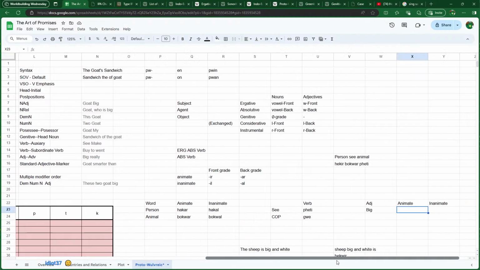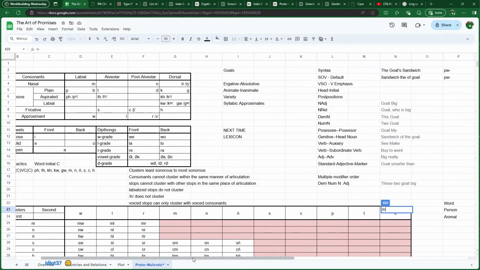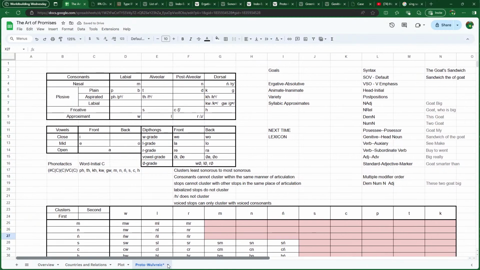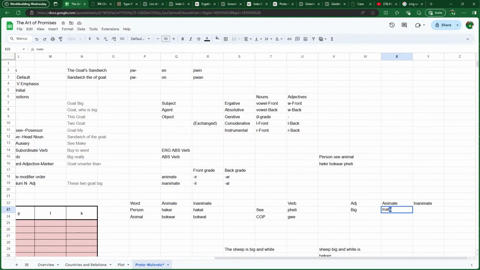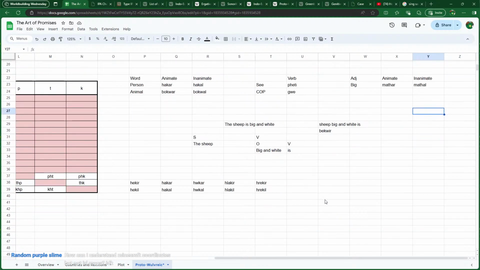So vowel back. Motto. Right? Are we allowed to do that? Yes, we are. Now, no. I will have it be mot. And then matar and matal. Because when we start getting multiple vowels in a word, that makes ablaut complicated.